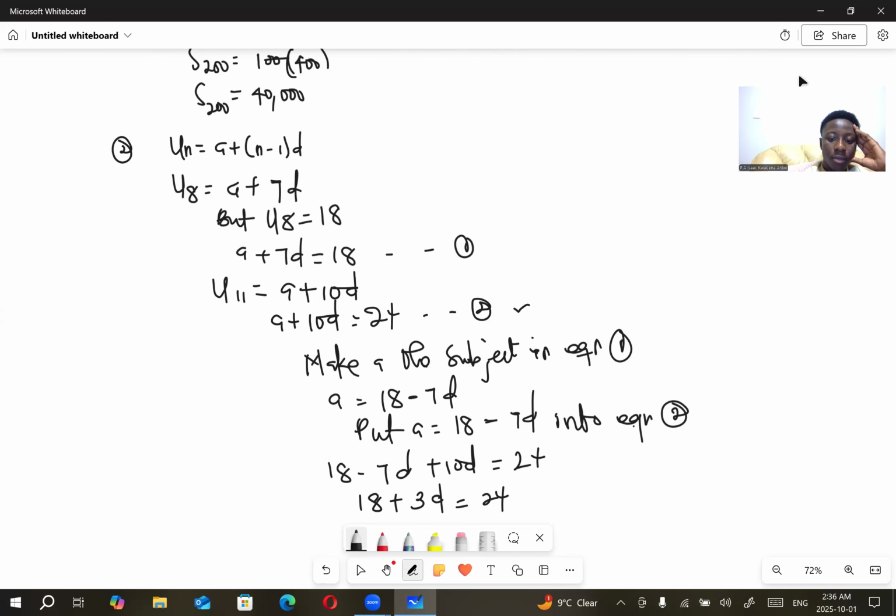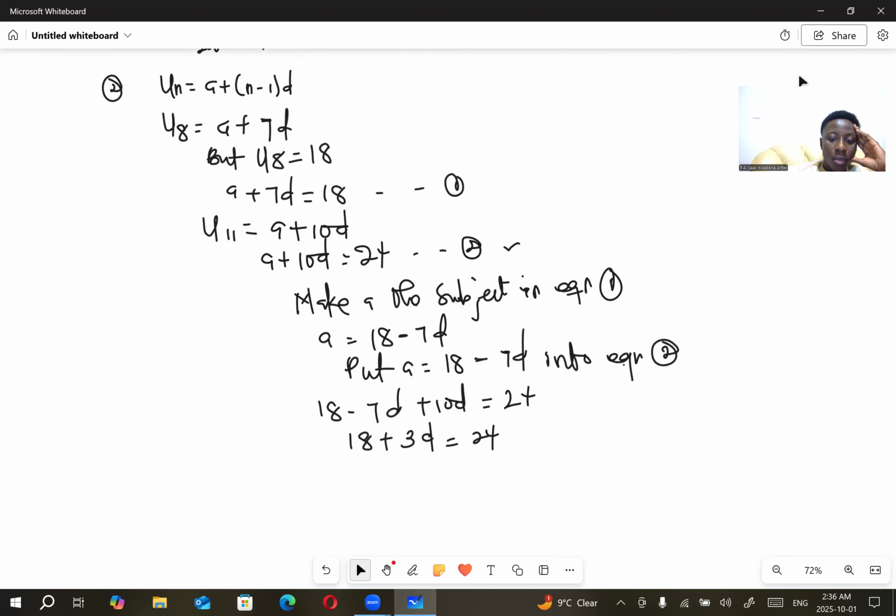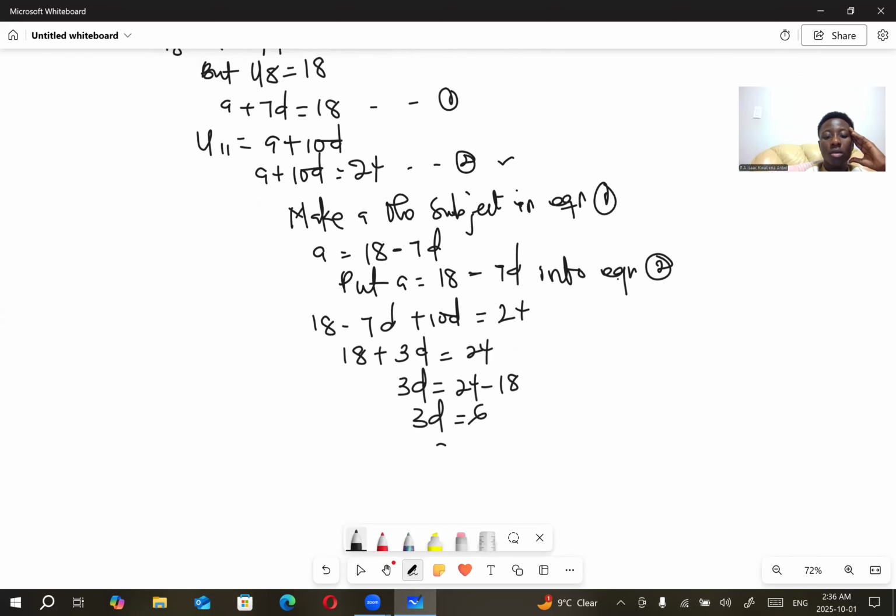So 3d equals 24 minus 18. 3d is equal to 6. d is equal to 6 over 3. d is equal to 2.